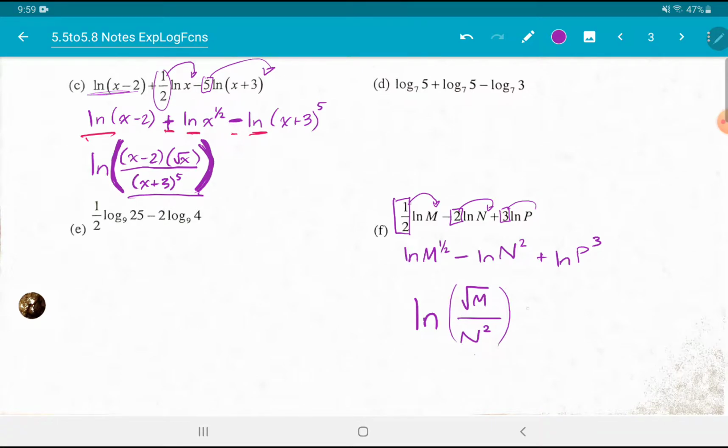So what we have here is now plus ln of p to the third. But because you are adding 2 logs together, now what we can do is combine those. So we have natural log of m. Since it's plus, we need to multiply by p to the third power. And all that is divided by n squared. Remember, this is all as one natural log. So ln is in parentheses there.